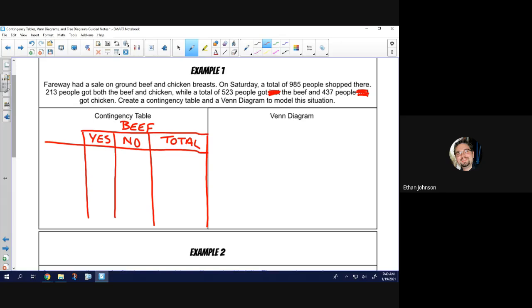Meaning our side is chicken. And just like with beef, we could have, yes, they got chicken. No, they did not get chicken. And then total.